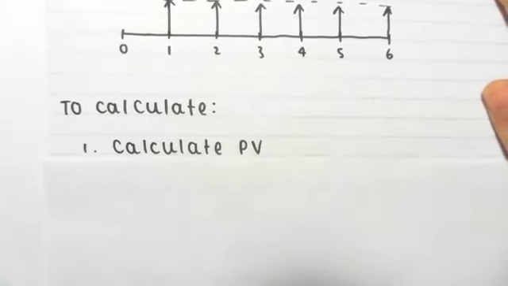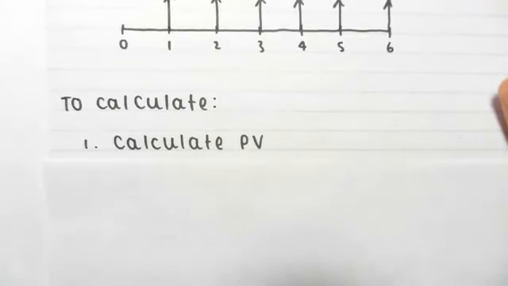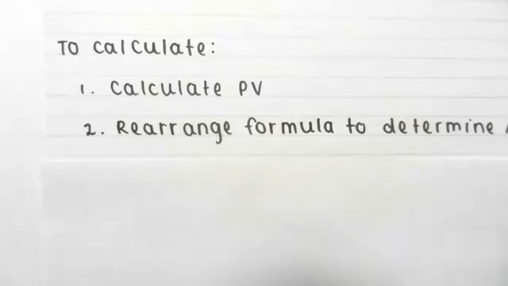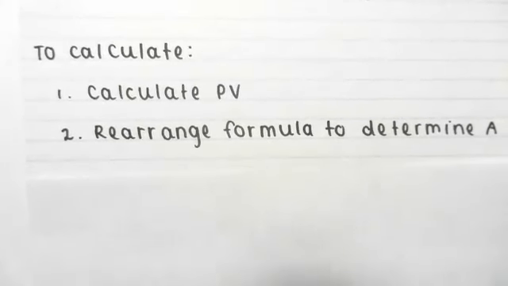To calculate this, the simplest way is to calculate the present value of the cash flow series, and then to rearrange the present value formula to determine A, and that's what we call an annual worth.